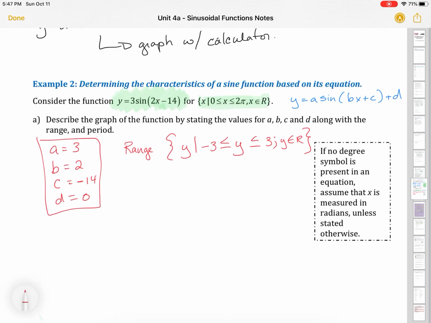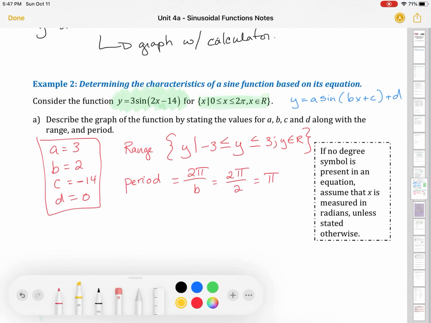Okay, so we've got our range, and then our period. Well, this one is in radians, but that's okay, because the period is going to be 2 pi over b, so it's 2 pi divided by 2, so it's equal to pi.